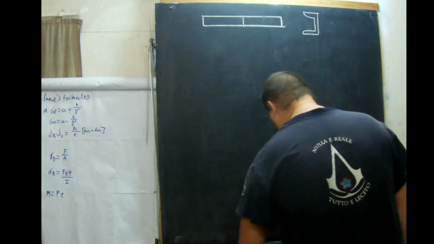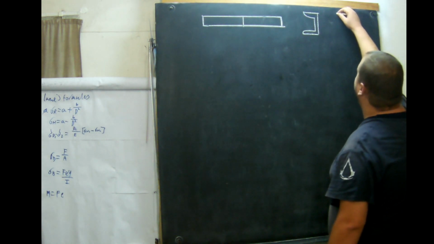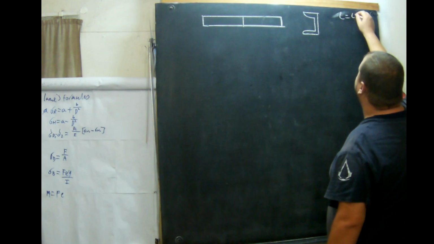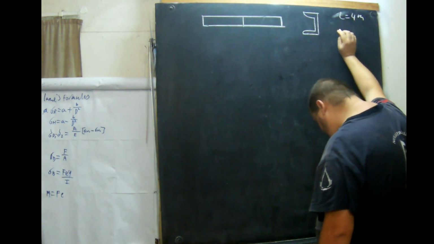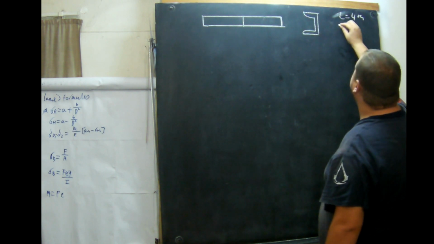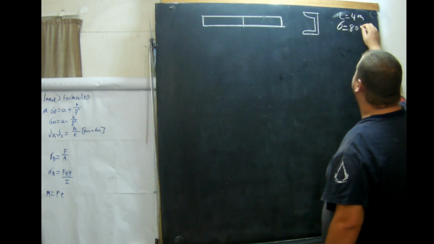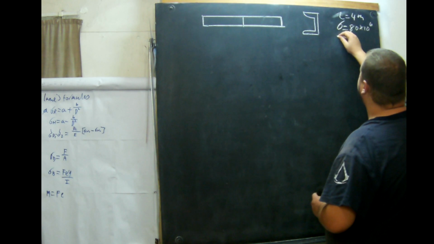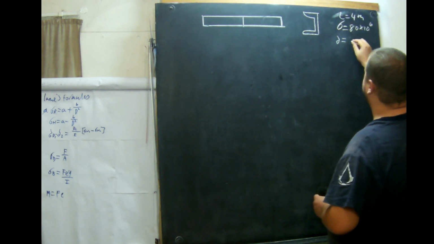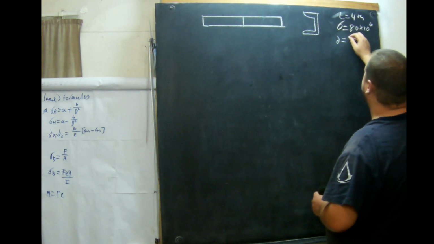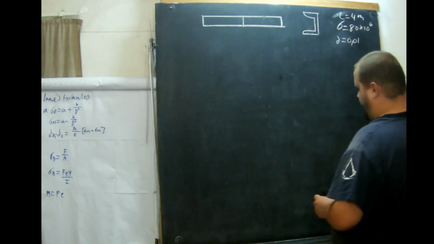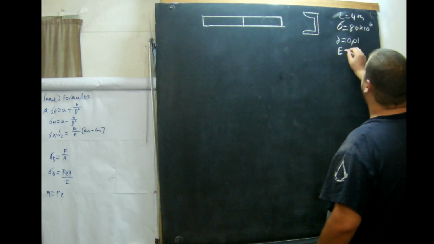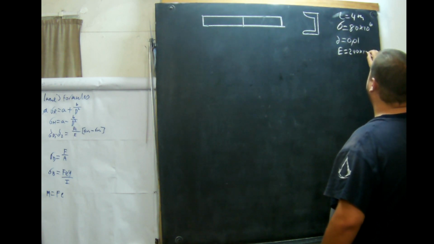Okay, so what we need is our values. So our values are length equals 4 meters, our stress in the beam, stress 80 times 10 to the 6, deflection is 0,01, and Young's modulus, E equals 200 times 10 to the 9.